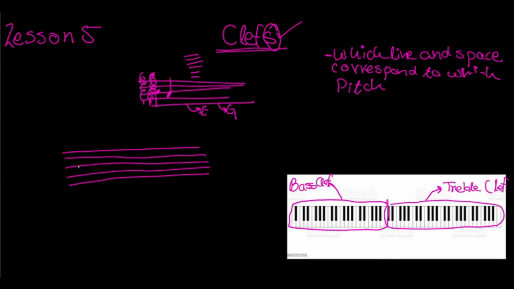I'll show you what one looks like in just a moment. But you put them at the beginning of the stuff. And once again, they tell you which line and space correspond to which keys on the piano, which pitch they are. And so I draw, for example, a treble clef. And I'm sure this is a very famous symbol in the music world. Well, my drawing does not seem to be that amazing. But yes, I'm sure you must have seen this everywhere, and this is indeed what a treble clef looks like.